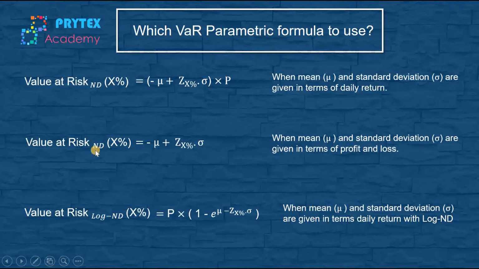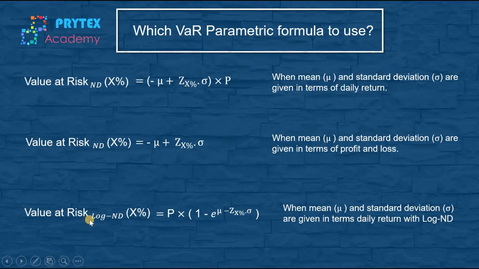Now again, this is for normal distribution, but what if the underlying distribution is not normal but is log normal? If you want to know what a log normal distribution is, please keep in touch. We will upload a separate video explaining log normal distribution in coming sessions.